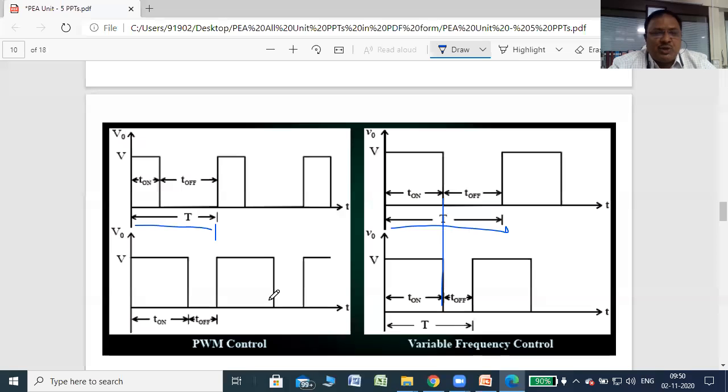So in PWM control, the chopping frequency is constant, by changing the on time, meaning you change the pulse width. In the second method, variable frequency control, the frequency is changing, but one of the times, either on time or off time, is kept constant. Here in this figure, T on is kept constant and total T is changing.